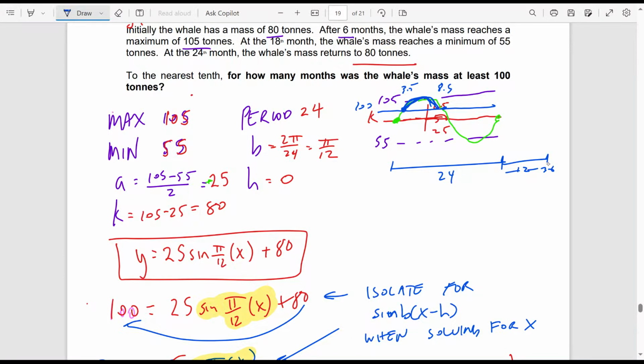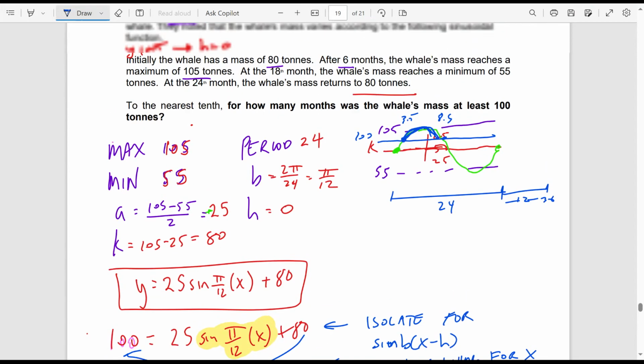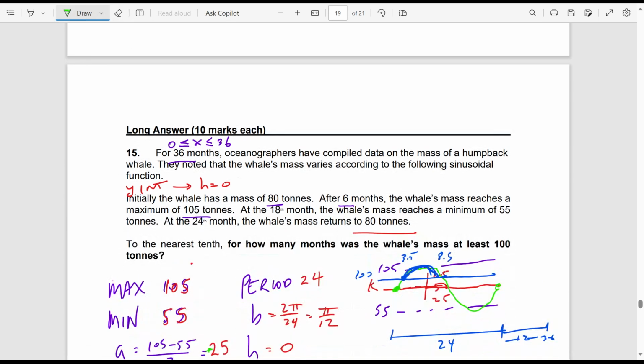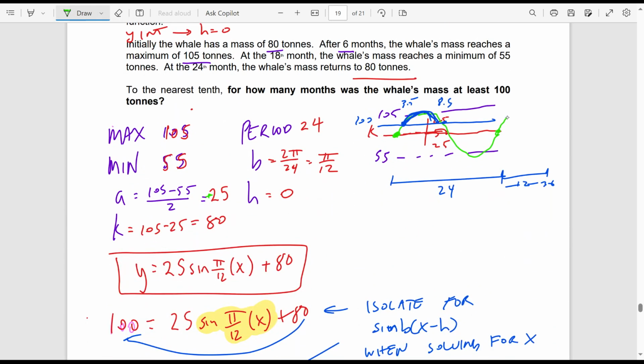Knowing that 12 is half of the period, the rest of this function, let's do it in green again, is going to go up and then down again. This was halfway, so those two pieces would be symmetrical with each other.